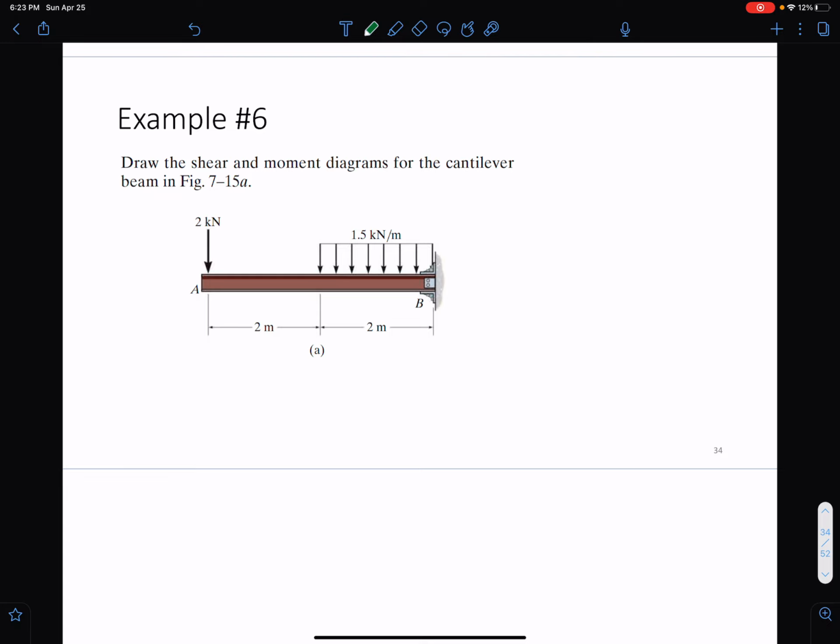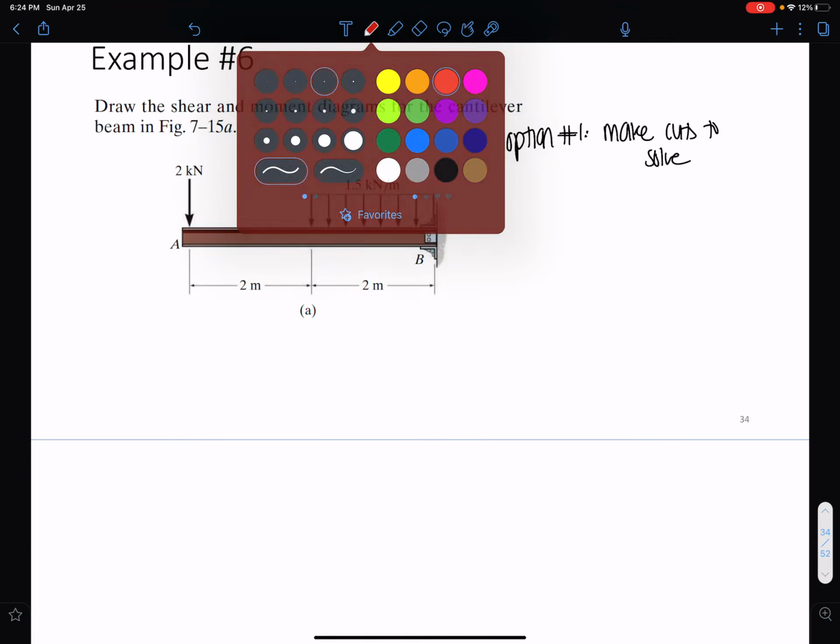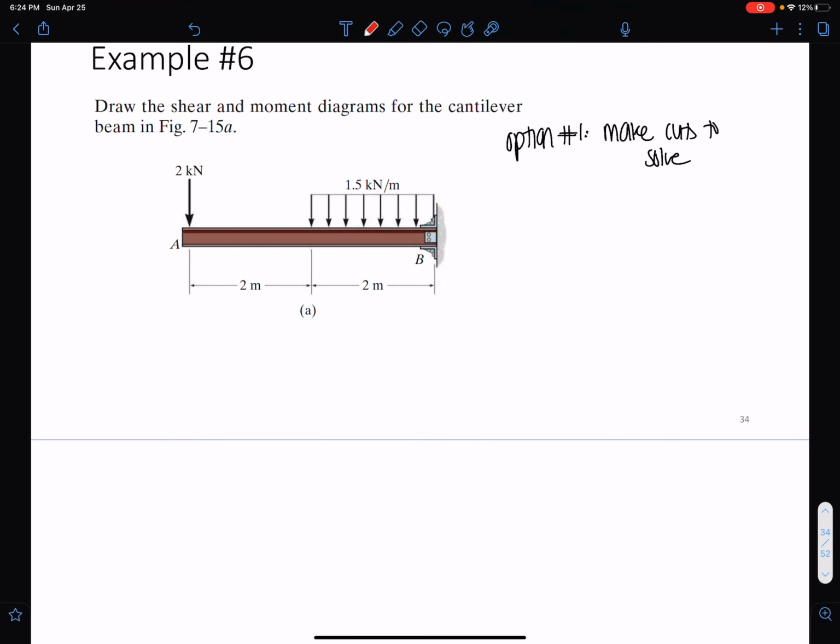Okay, so let's go ahead and take a look here at what's happening. Now we kind of have an idea of both of these methods that we're using, so I'm going to list out the options here. We have option number 1, and that's to make cuts to solve this. So if we wanted to make cuts along the beam, we need to figure out where the discontinuities are. So if we're walking on the beam in this direction, we'd have to make a cut here, keep walking. Oh, well, we have a discontinuity. We have to make a cut somewhere here.